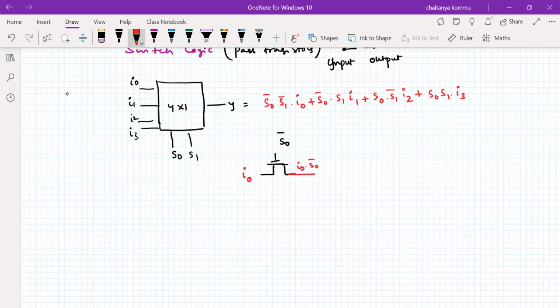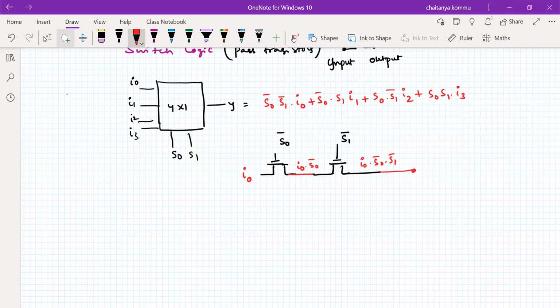Then we take another transistor with S1 bar, so it is multiplied by S1 bar as well. That means I0 into S0 bar into S1 bar. Agreed?